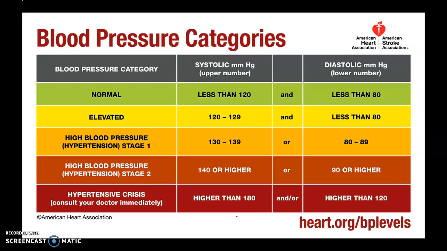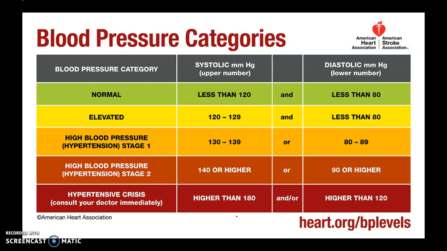Stage 1 high blood pressure is when the systolic pressure is between 130 and 139 and the diastolic is between 80 and 89. At this point, the doctor usually recommends that you exercise, take care of your health, and don't put on much weight. Stage 2 is when it's over 140 systolic and over 90 diastolic.